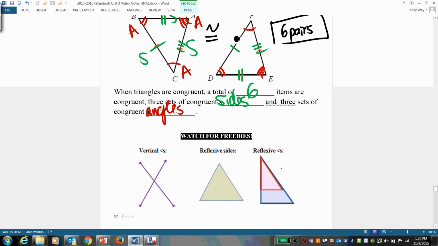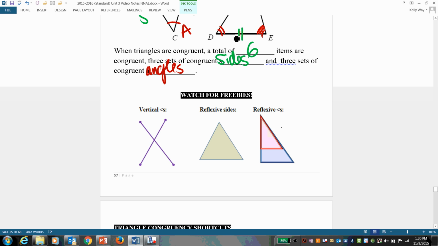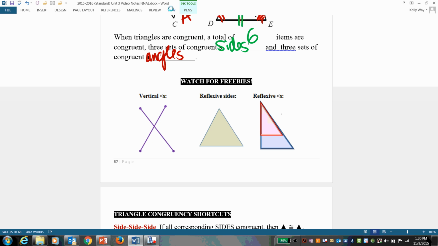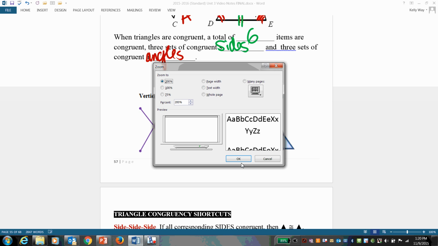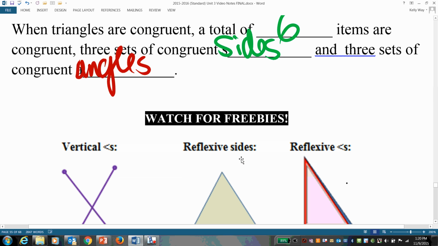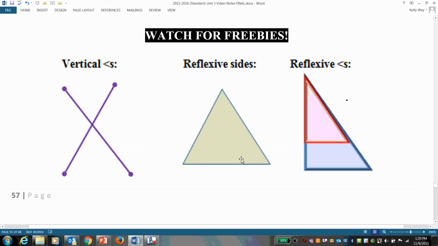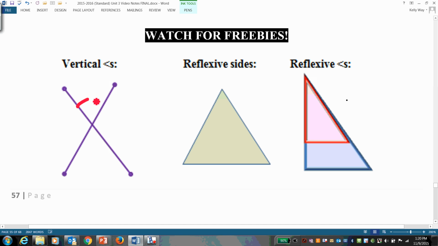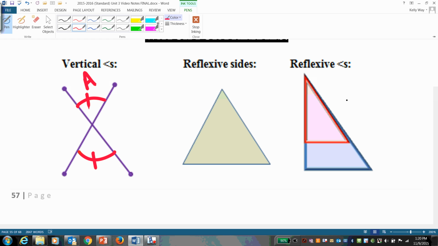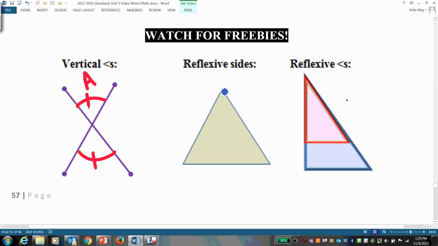Now, when we talk about things being congruent, you also want to watch out for the freebies. The 3 main freebies, these are things that are congruent even when they're not marked. Of course, vertical angles: hatch, that's an A. A reflexive side, so a side that is shared exactly by 2 triangles.